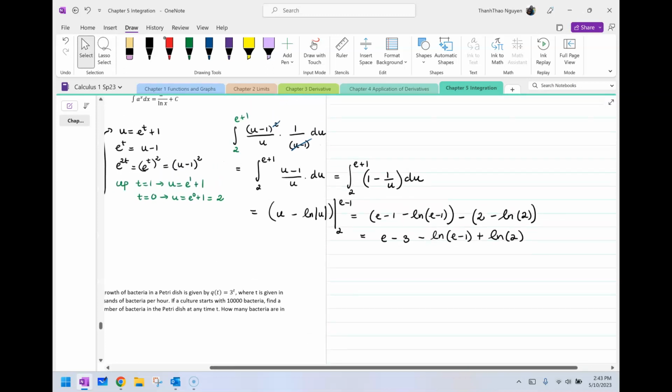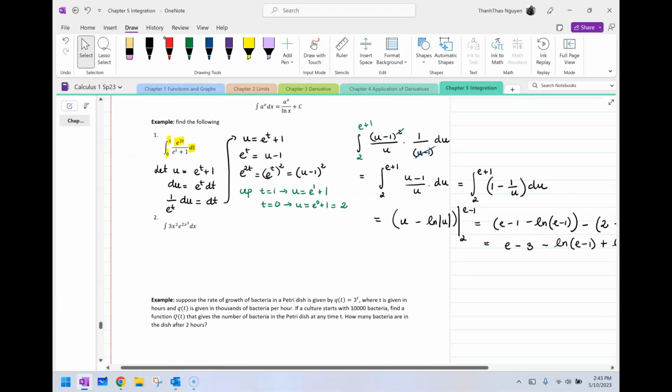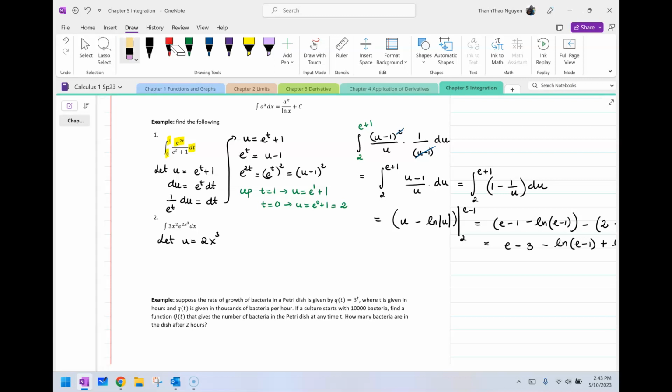In the next problem, we can go ahead and let u equal 2 times x to the third.